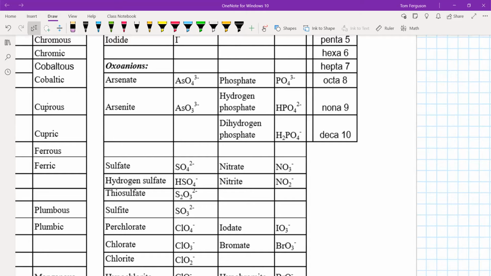So if it's a polyatomic anion, it contains more than one atom. It's a group. Usually it's mixed with oxygen. Like nitrogen by itself is just an atomic anion. Throw in one oxygen, throw in two oxygen, and one becomes nitrite, one becomes nitrate. Throw in some cations and it becomes nitric acid.